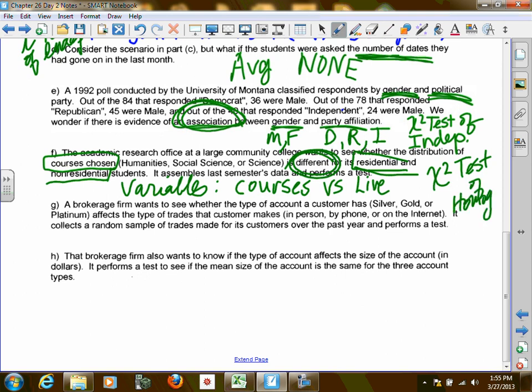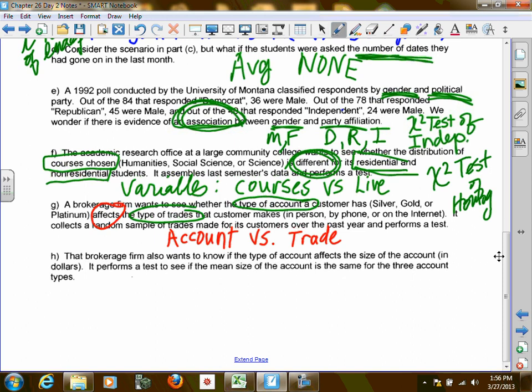homogeneity. Brokerage firm wants to see what type of account, silver, gold, platinum, affects the type of trades, phone, by person, or on the internet. See this right here? How many variables? Account versus what? 3. The type of trade. Okay, so there's two variables.